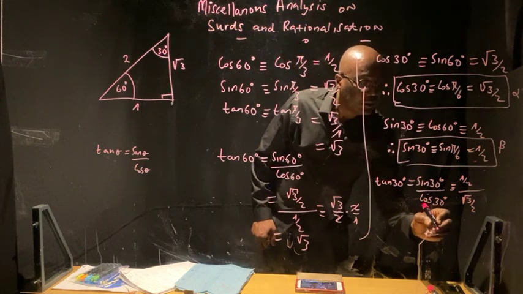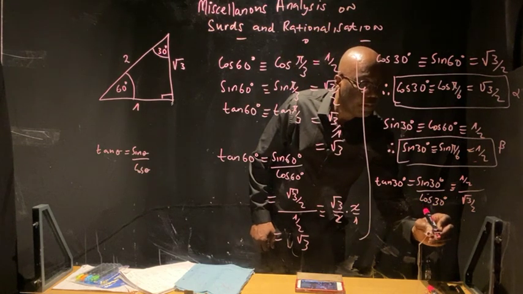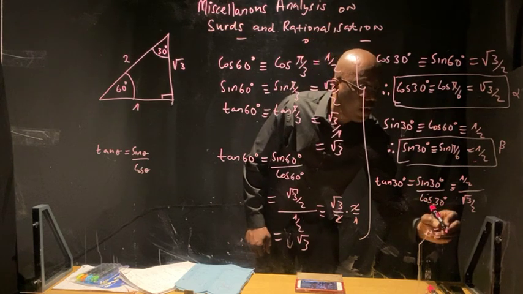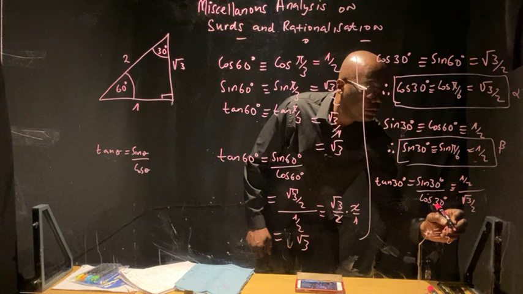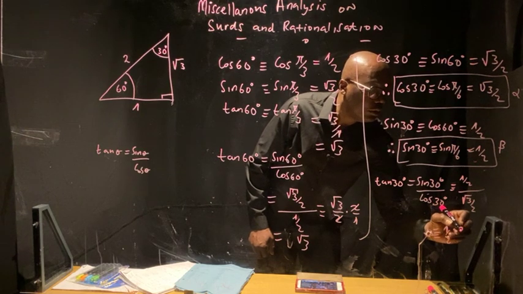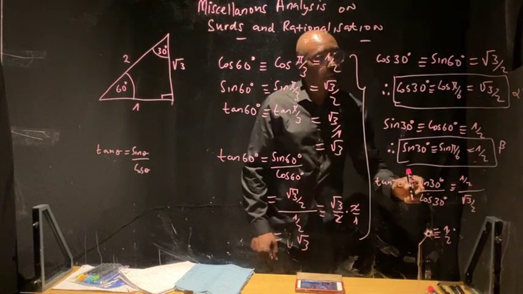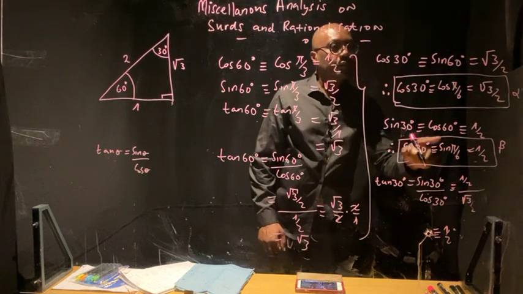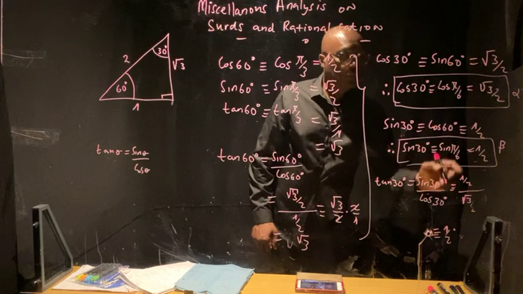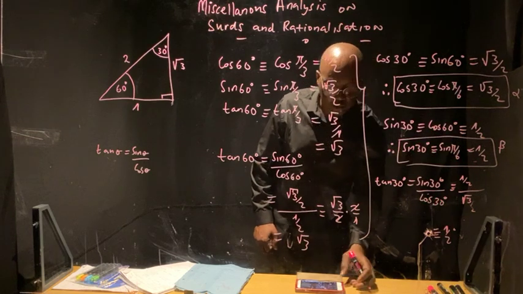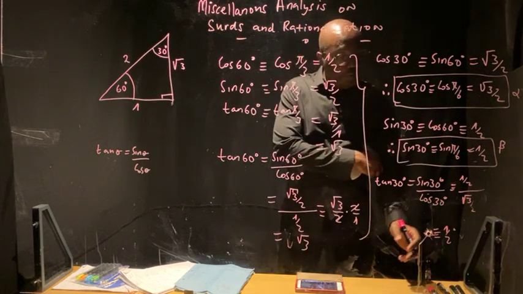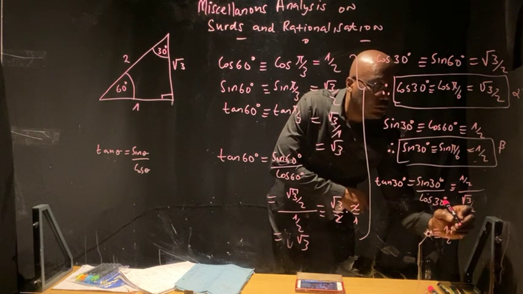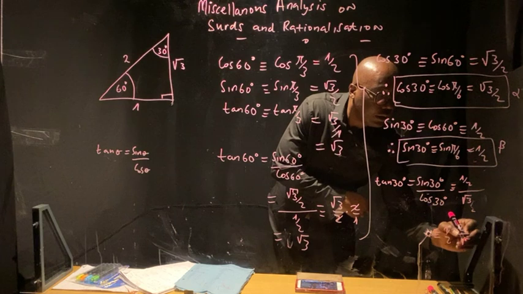Which implies this: 1 over 2 times 2 over root 3.